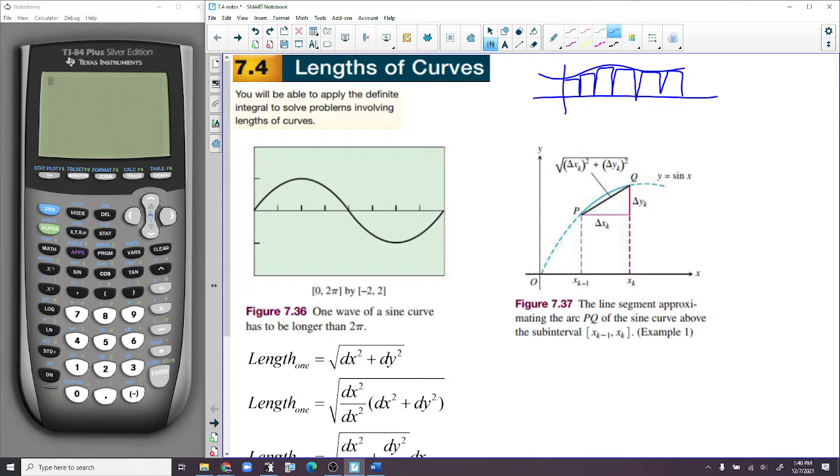So if we wanted the distance of a curve, let's just take a portion of it like they have here, we could estimate this distance by drawing this right triangle and saying, well, this is the change in x, this is the change in y, and the length of the hypotenuse will estimate the length of the curve. But if you wanted something a little bit more accurate, maybe you could cut this into two triangles.